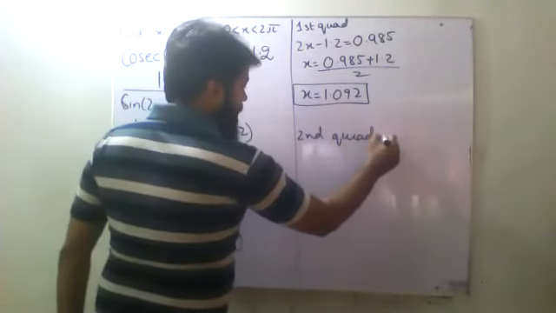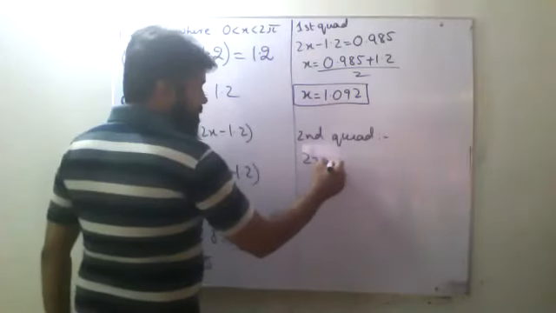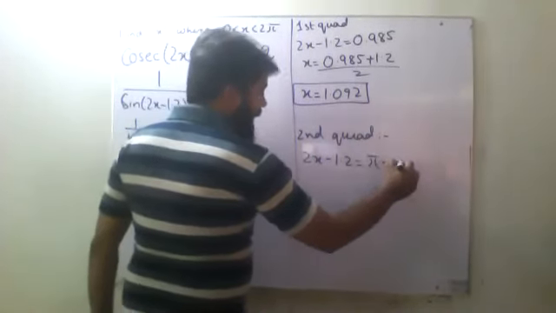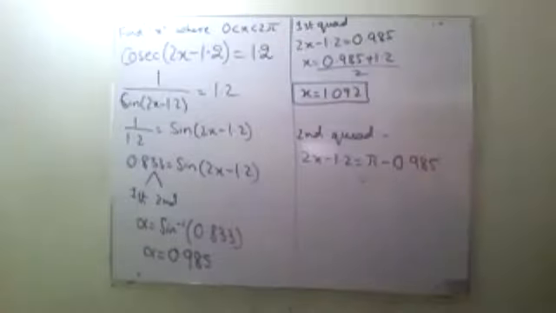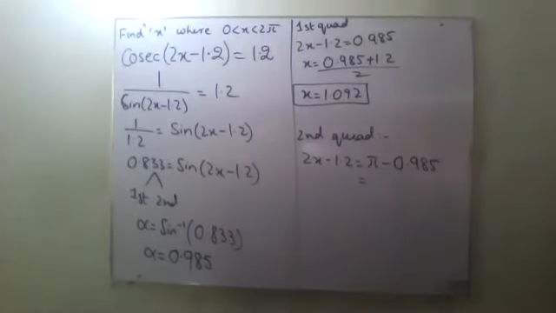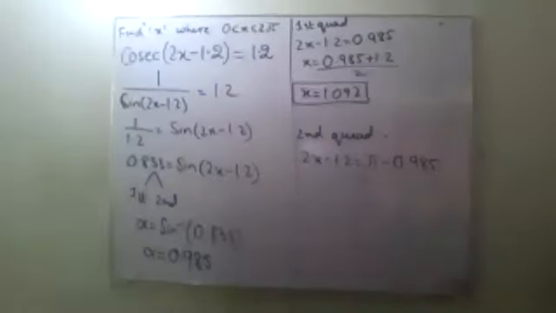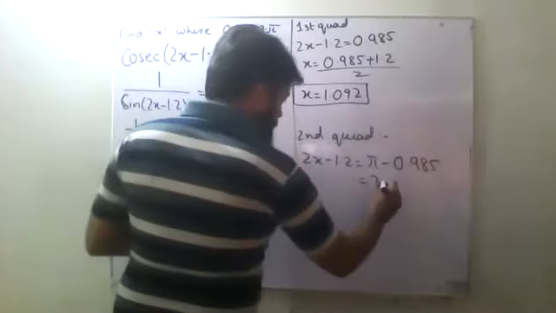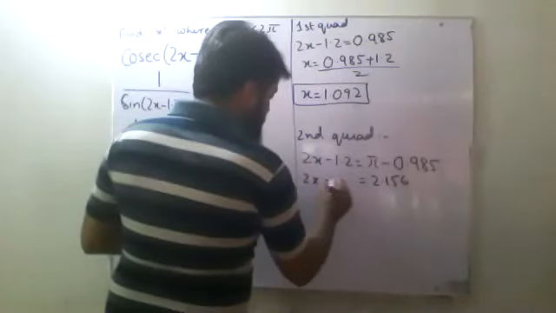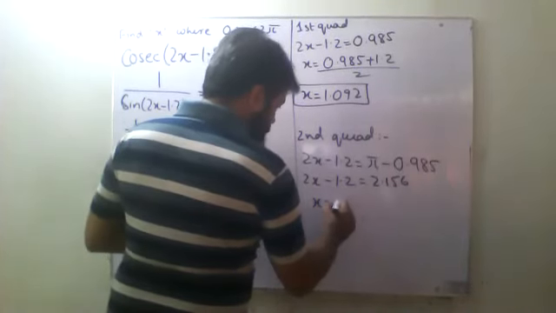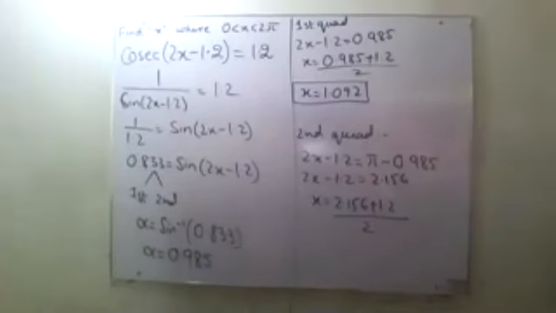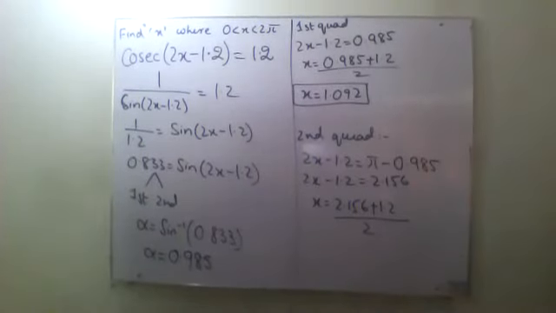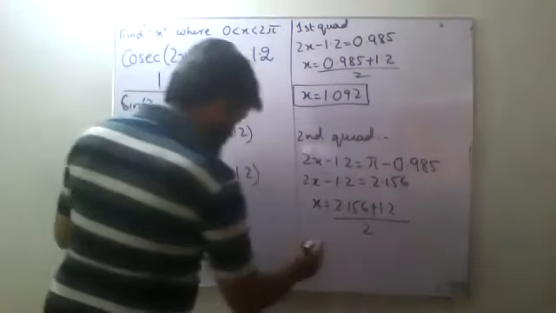In the second quadrant, 2x minus 1.2 equals pi minus 0.985, and it's coming to 2.156. So x equals (2.156 plus 1.2) over 2.